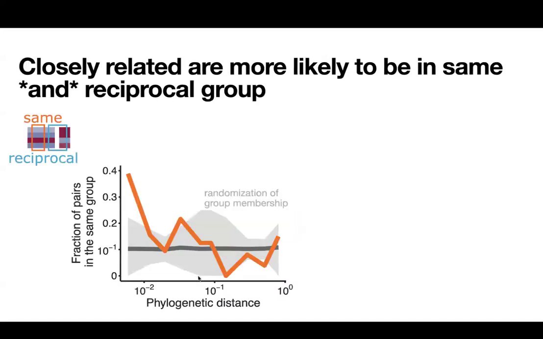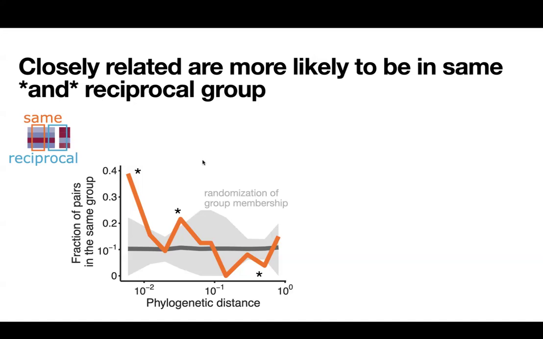The way to answer this question is that we can randomize species by group membership and then ask, what is the probability that two species that are very similar, that are at a very small phylogenetic distance, are in the same group? And compare it with the randomization.